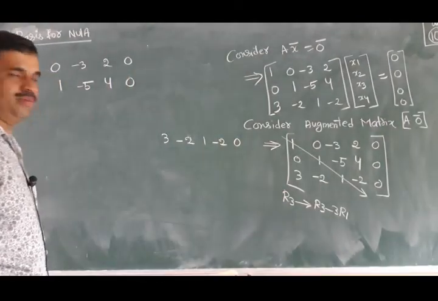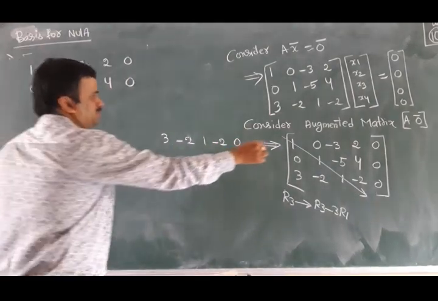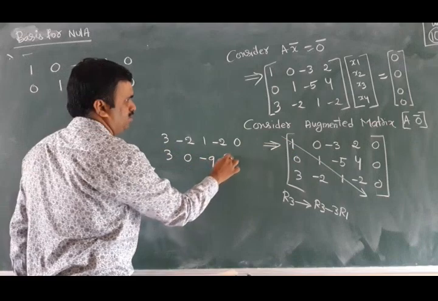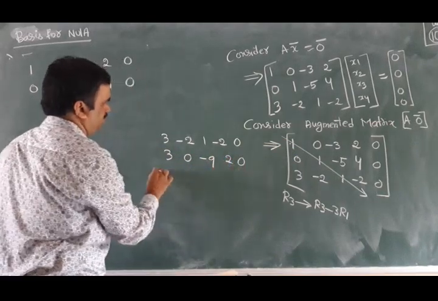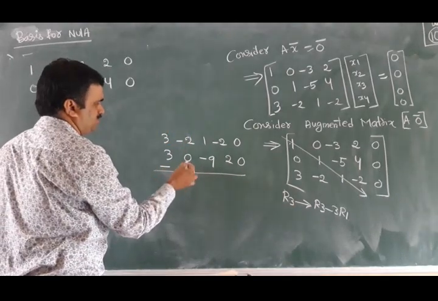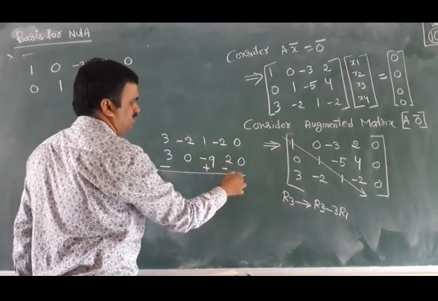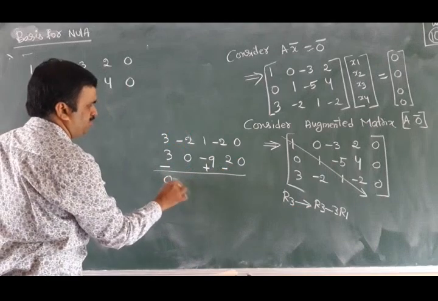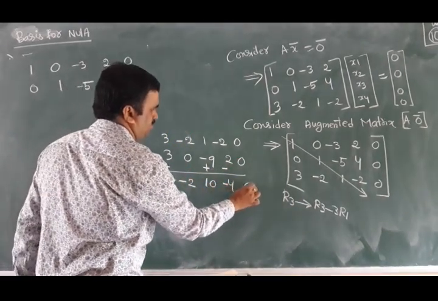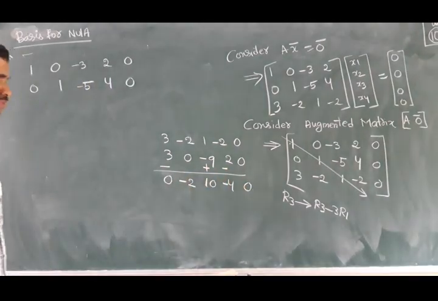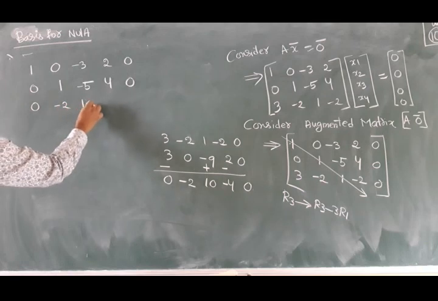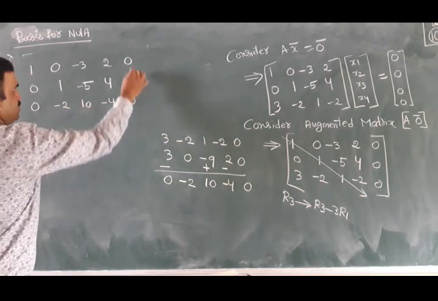Multiply the first row by 3: 3, 0, minus 9, 6, 0. We have to do subtraction, so change the signs. So 3 minus 3 is 0, minus 2 minus 0 is minus 2, 1 plus 9 is 10, minus 2 minus 6 is minus 8, and 0. This is the third row: 0, minus 2, 10, minus 8, 0.